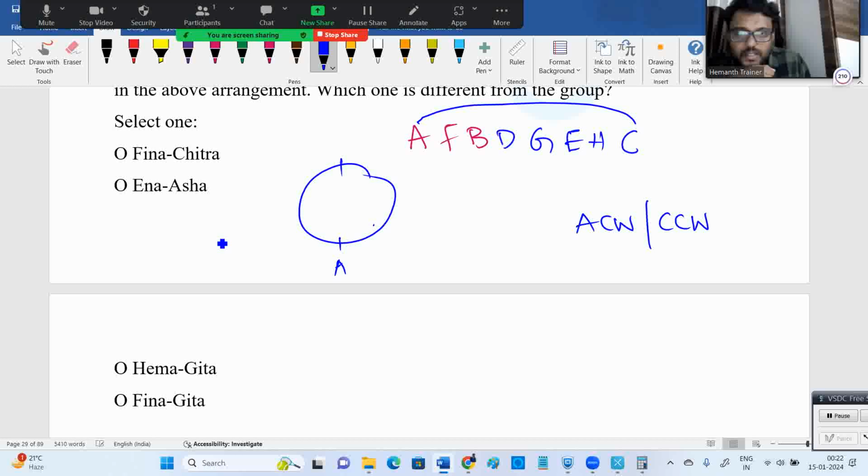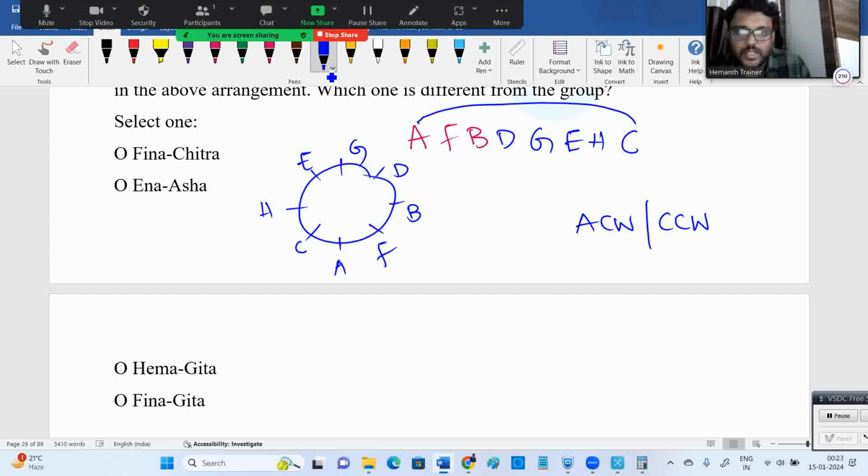A, F, B, D, G. Let's see, 8 people, right? A, F, B, D, G, E, H, C. Okay, Feena and Chitra, one gap. Eena and Asha, two gap.